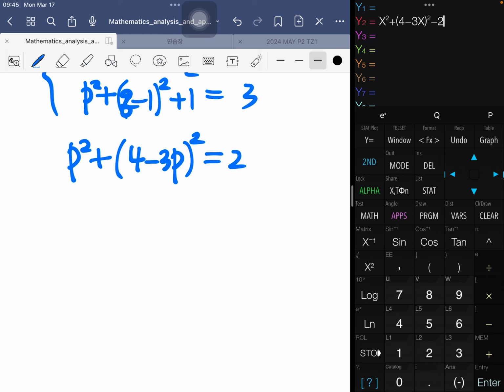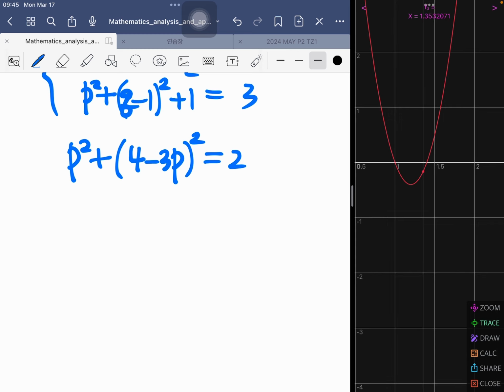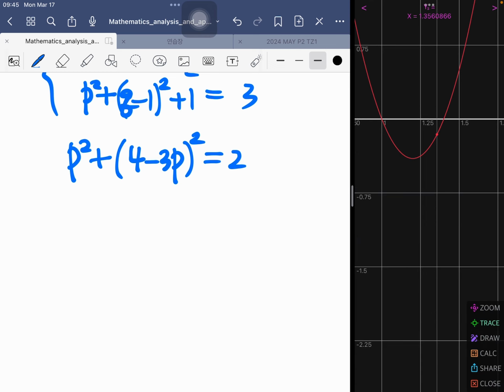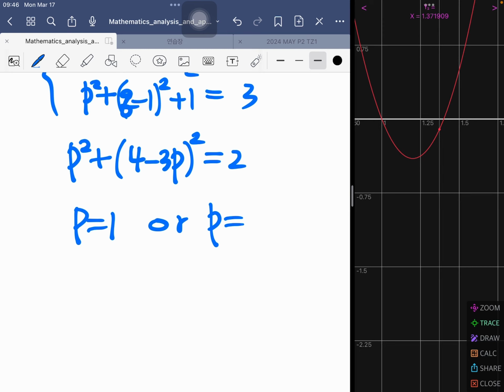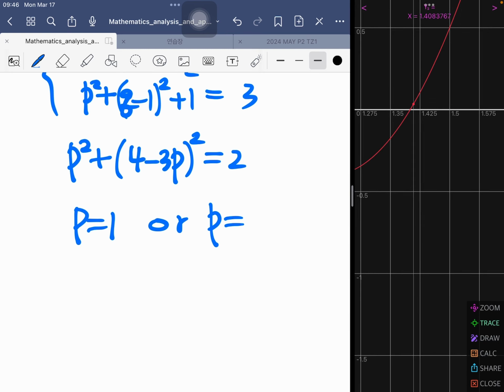We need to find the zero of this function. That gives us p equals 1, or p equals, it looks like, 1.4.